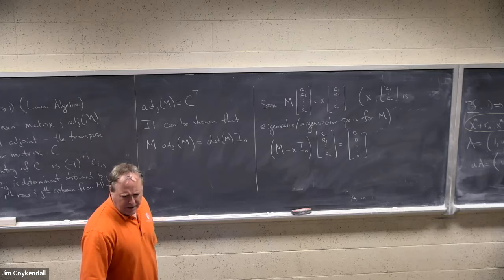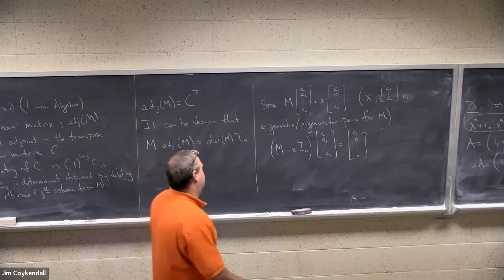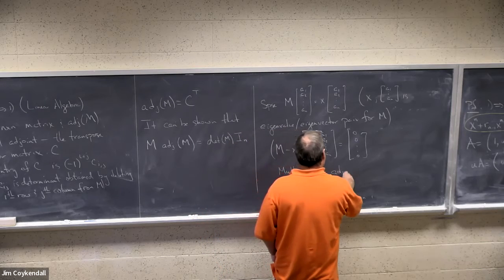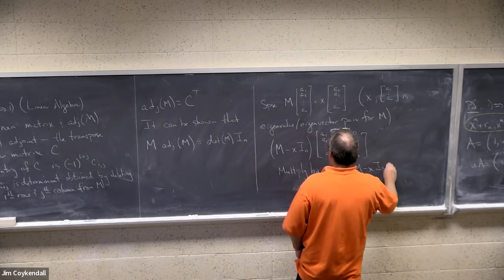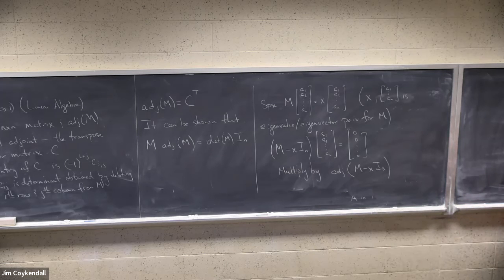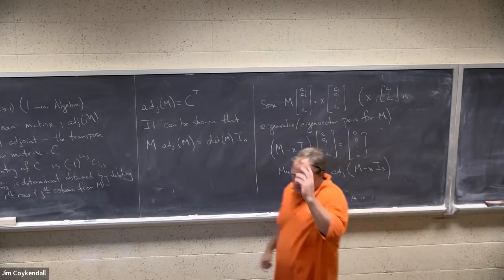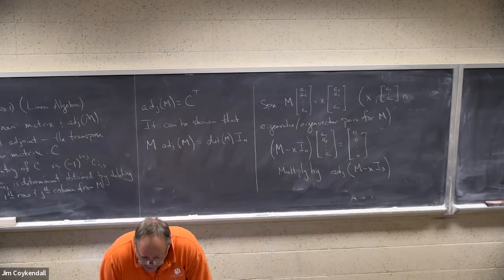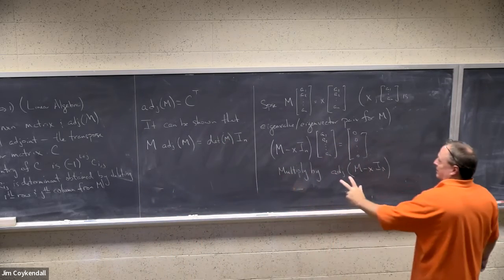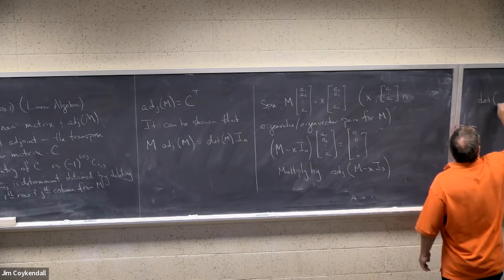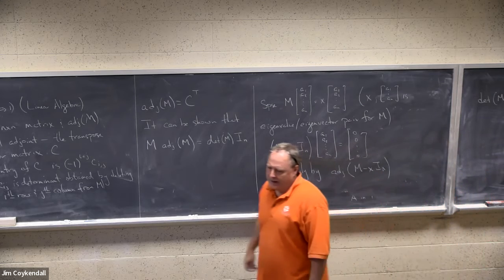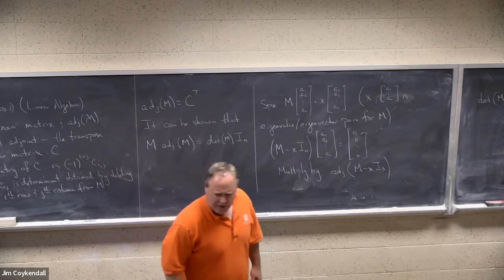So if we multiply by the classical adjoint, then what we get is the determinant of (M minus xI) times I_N times that vector is equal to 0.